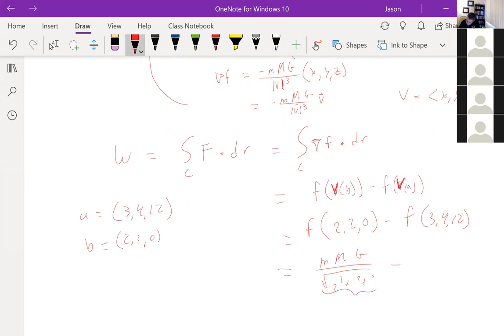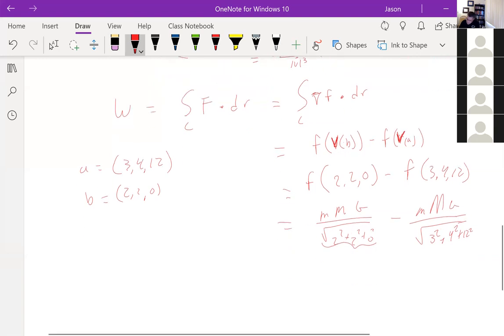This is 2, 2, and 0, minus mg over the square root of 3 squared plus 4 squared plus 12 squared. So this is mg over the square root of 8, minus mg over the square root of 169.